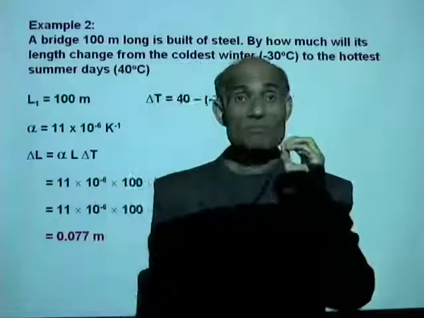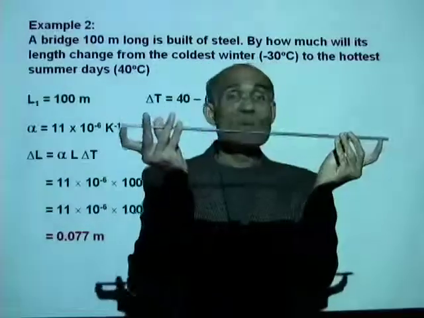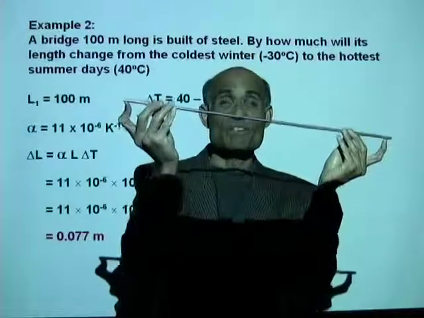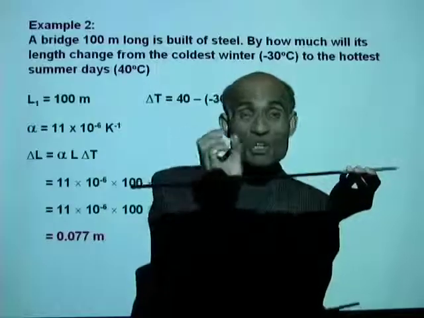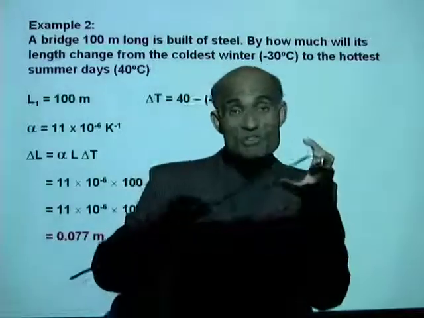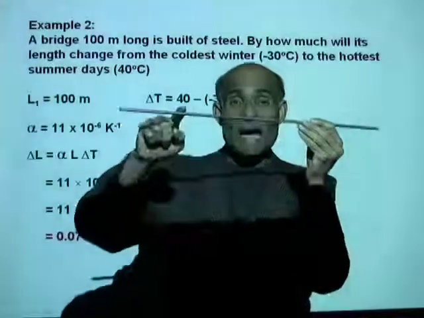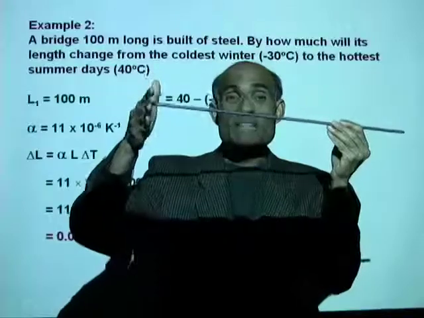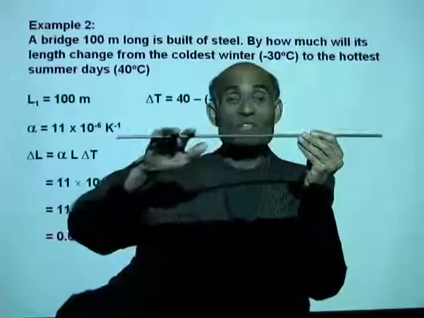So in order that the bridge may remain safe, bridges are normally erected on rollers so that there is room for expansion and movement. The same thing can be found in the construction of railway tracks. There are spaces left in between rail tracks to allow for expansion.